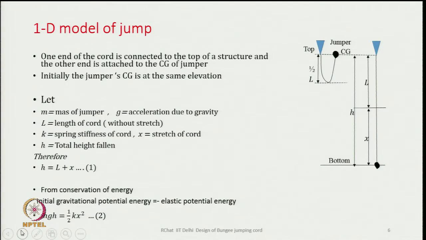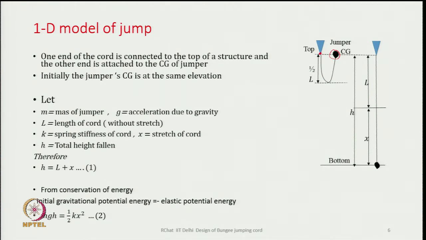Now, here is a one dimensional model of the jump. You can see on the right hand side a simple schematic is shown, where the jumper is here. There is a cord attached to the jumper, and the cord is connected to this point.